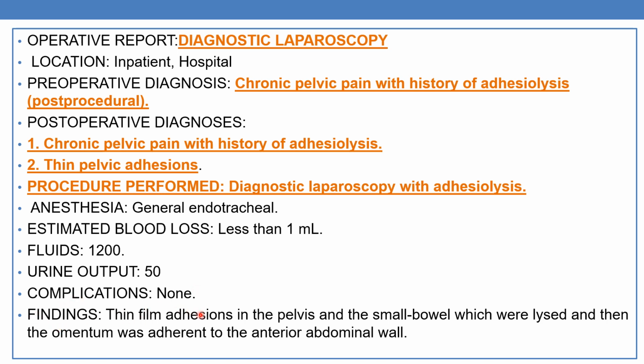Findings indicate thin film adhesions in the pelvic and the small bowel, which were lysed, and then the omentum was adherent to the abdominal wall. So two adhesions are there, the pelvic adhesions and bowel adhesions. Both are post-procedural.